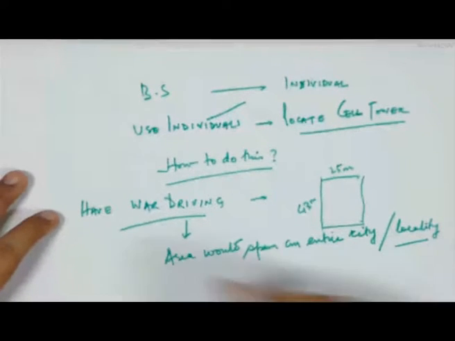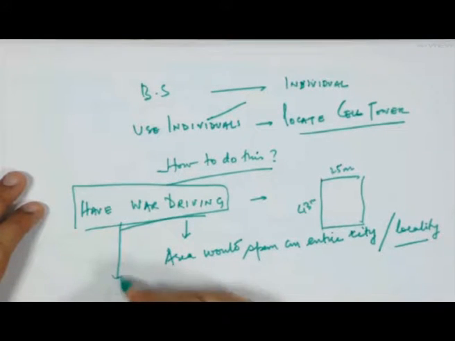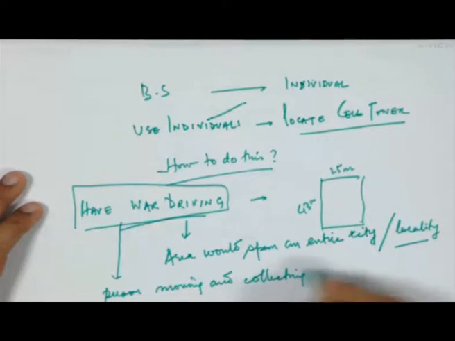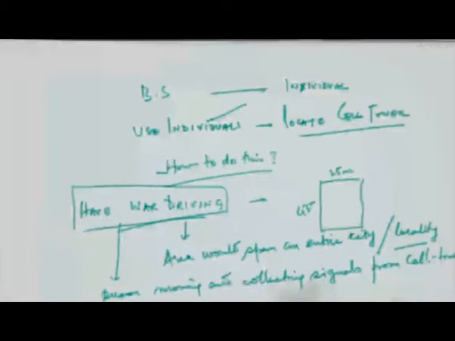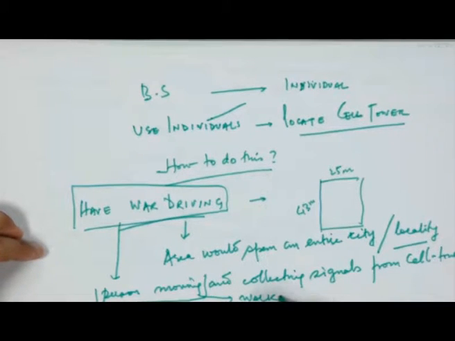And what has to be war driven? So war driven is a person moving and collecting signals from cell towers. But how would the person move? Will he walk? Walking kilometers would be very difficult.